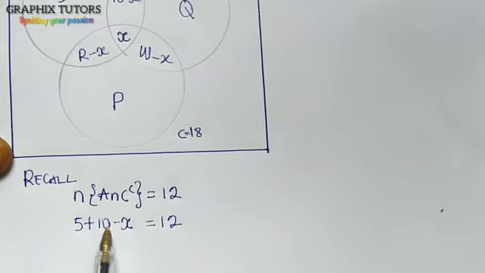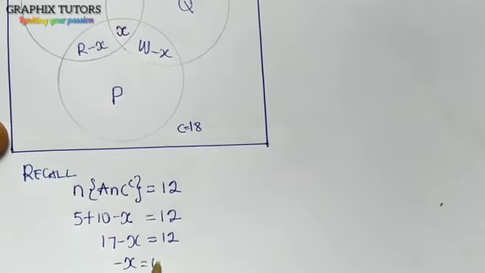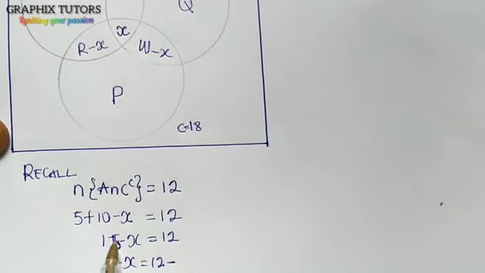So 5 plus 10 is 17, right? So it will be 17 minus X is equal to 12. So minus X will now give me 12 minus 15. 5 plus 10 is 15, not 17, sorry.